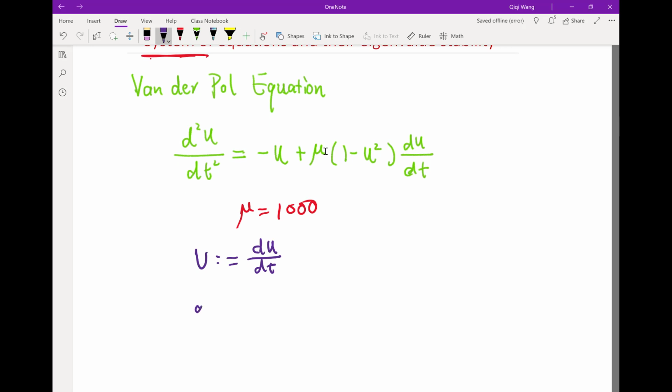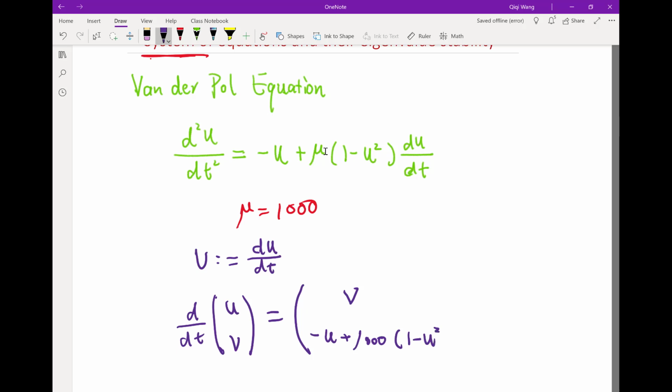Then the first order derivative of the vector of u and v is equal to: the derivative of u is already defined as v, so the first line is v, and the second line is minus u plus mu, let me write 1,000, times 1 minus u squared times du dt, which is v. All right. Let's start from here.